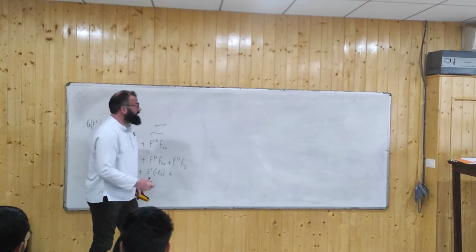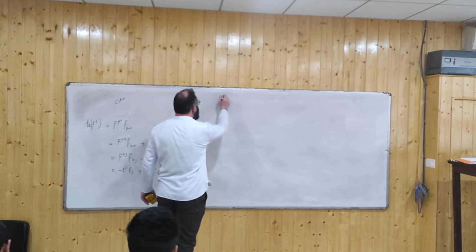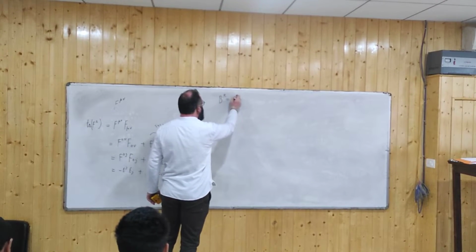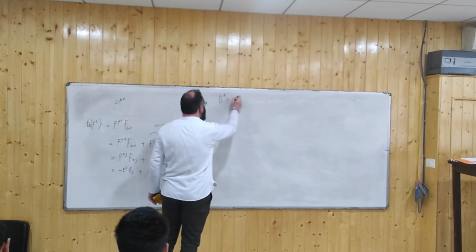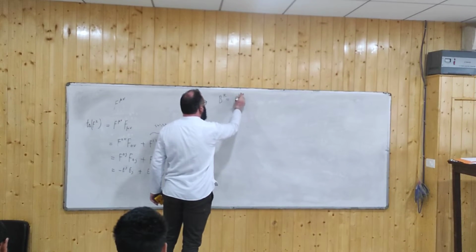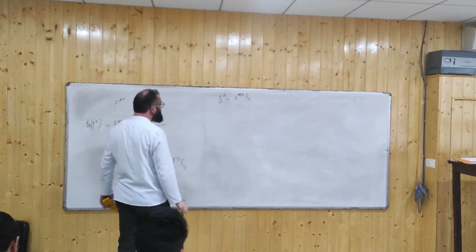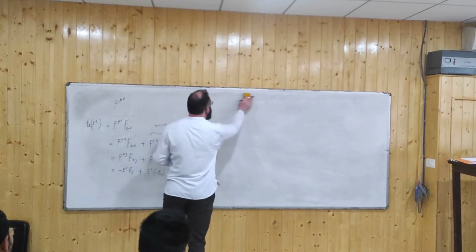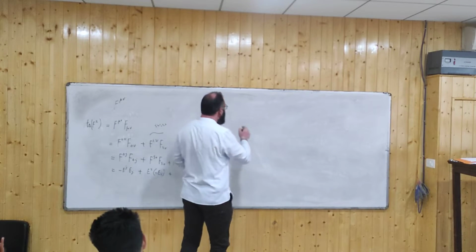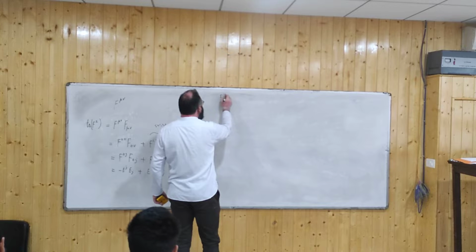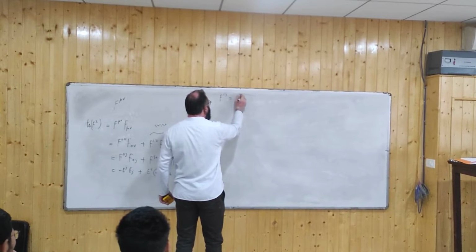Anybody remembers? I told you last time we wrote this Bk is equal to epsilon kij Fij. What is that? Epsilon ijk Bk.